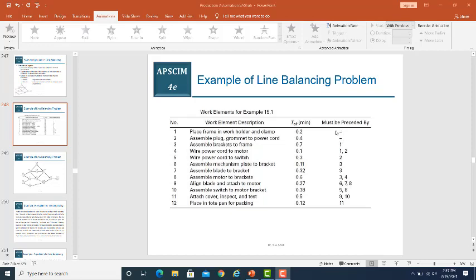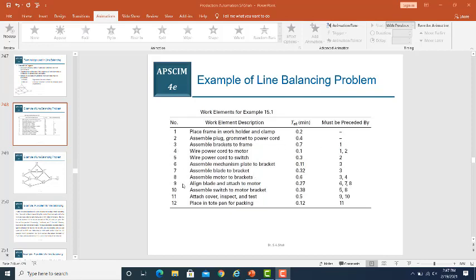This means that these two operations are independent operations, and you can start them at any time, and you can assign these operations to any of the workstations, either independently or simultaneously. So you can assign both of these operations simultaneously to one workstation, because none of them is dependent on other operations.